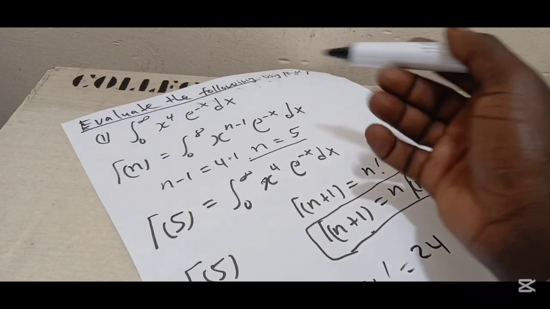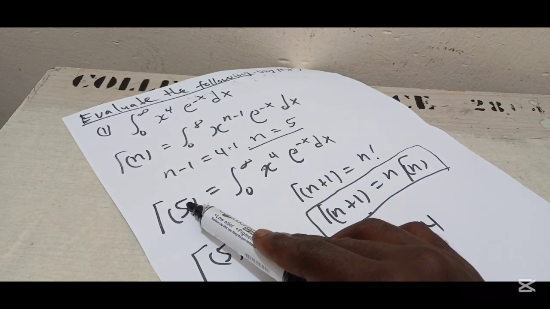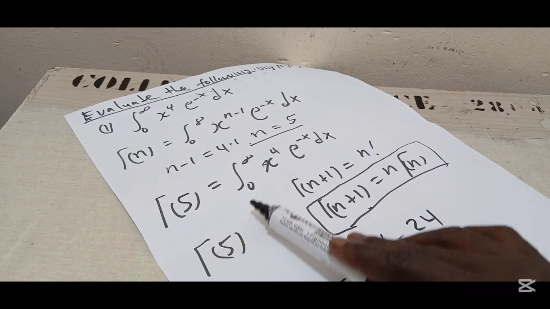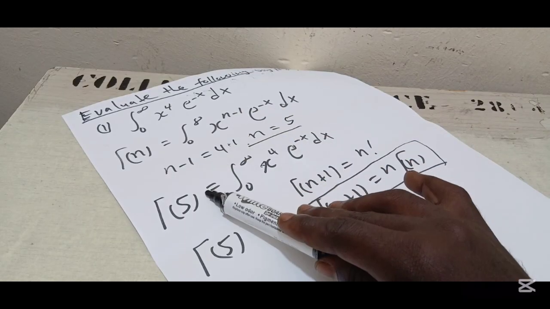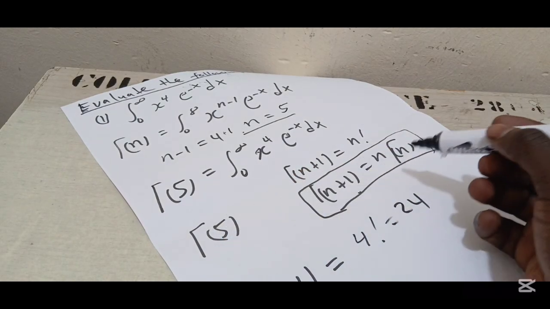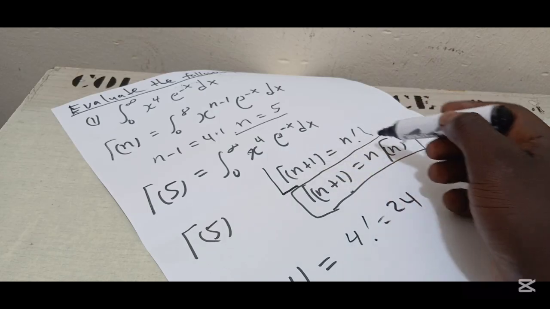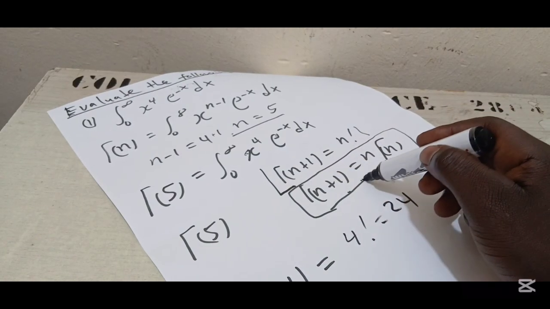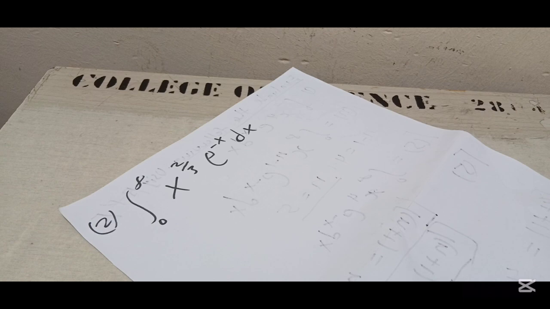The main idea is getting your n. The moment you get your n, you can start solving it. To get your n, equate the power to n minus 1 and solve for n. I told you, you use this formula when it's not a fraction, and this other formula for fractions. So let's look at this problem too.